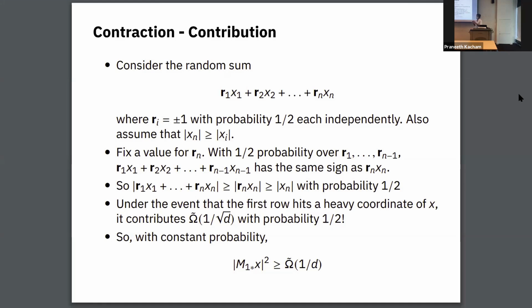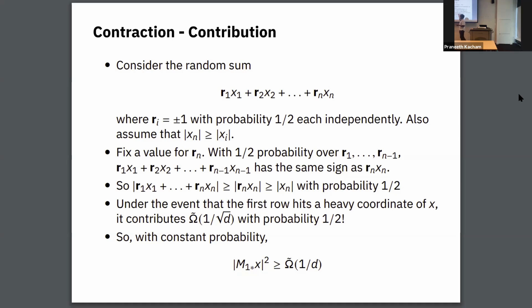We want to see how large this absolute value would be, that is, the absolute value of r1x1 through rnxn. Now fix a value for rn, say plus 1, and consider the remaining partial sum, r1x1 through rn minus 1 xn minus 1. This is independent of the sign of rn, because each of them is chosen independent of the others.